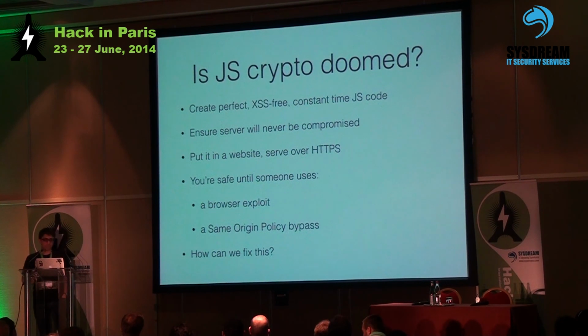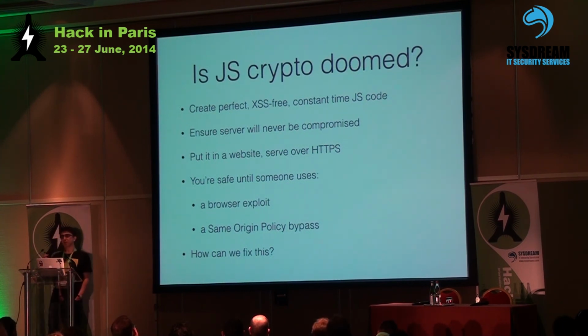So is JS crypto actually doomed? Shall we never look at it? Because you create a perfect, exploit-free JS application. It's constant time. There's no side channels at all. You ensure that your server will never get compromised, and you also earn the trust of your users that you don't backdoor your code. You put this in a website, have perfect forward secrecy, the NSA never gets your keys, whatever.